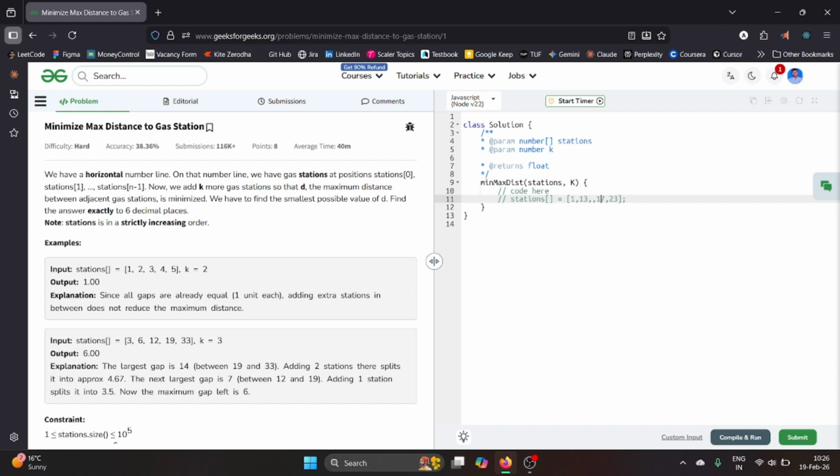This is our example of the problem statement. Let's see how we can add our new gas stations. The main motive is to minimize the distance between any two stations.